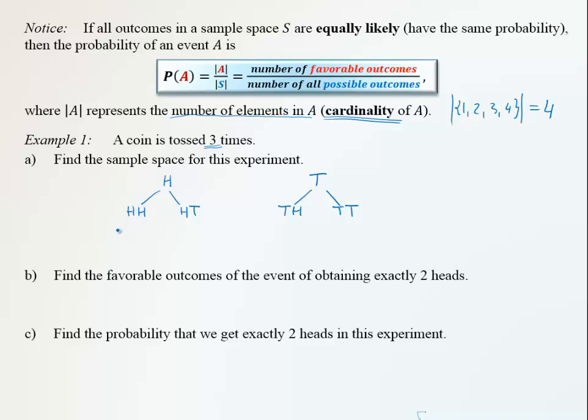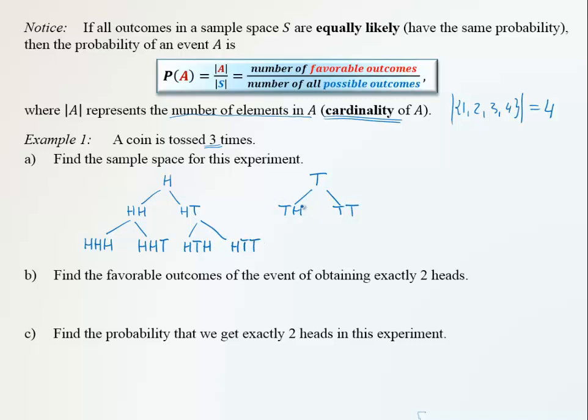So one more step. Let's say after the first 2 tosses we had head, head. The third one again, it could add another head or tail. The second possibility, again, we may have head, tail, and head, or head, tail, and tail.